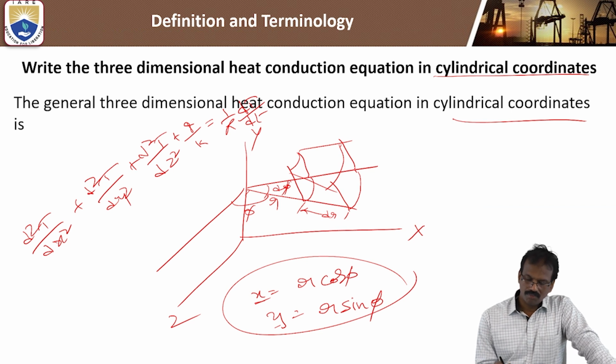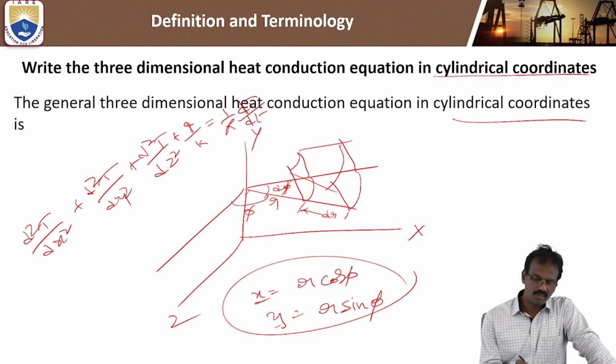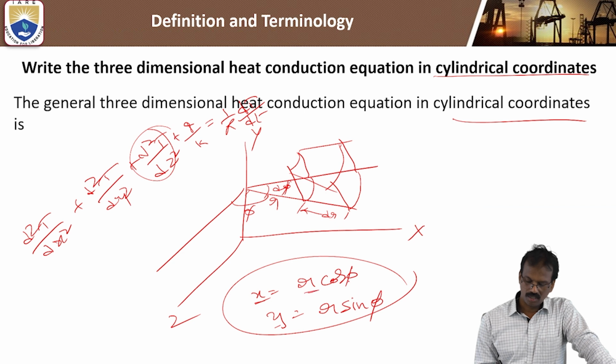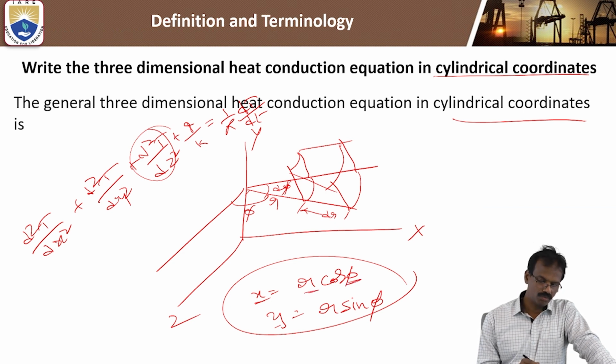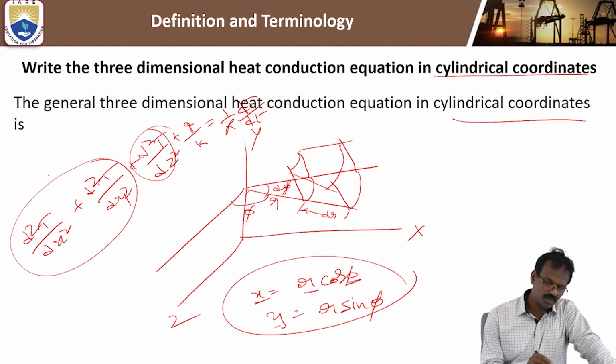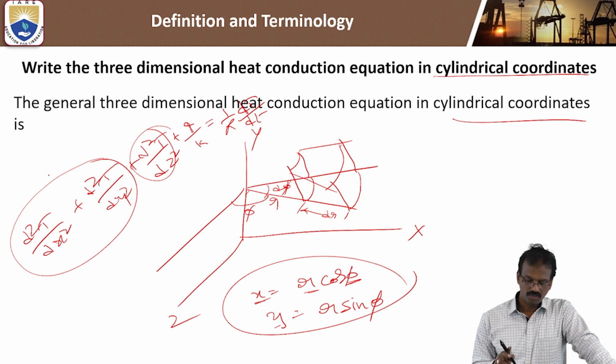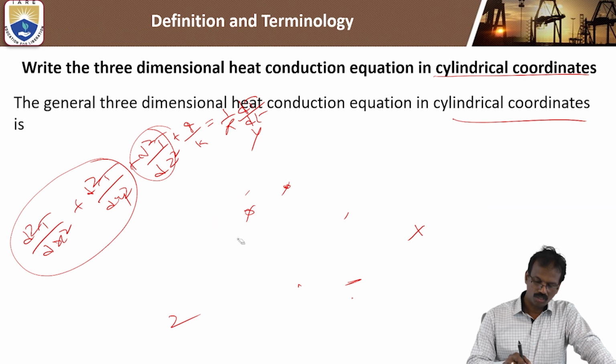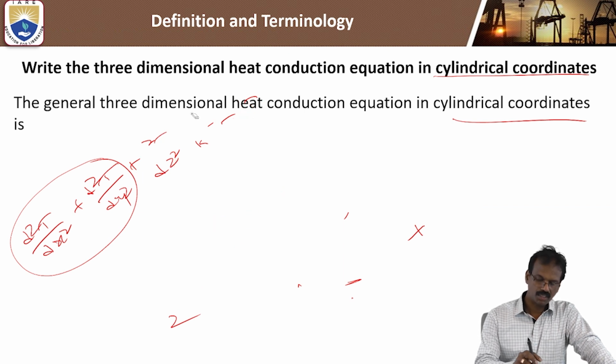So the vertical axis z is common, but the x and y components will be changed in the form of radius r and angle phi. So here this portion will be changed. That portion is like this one: dou square T by dou r square, or d square T by dr square.